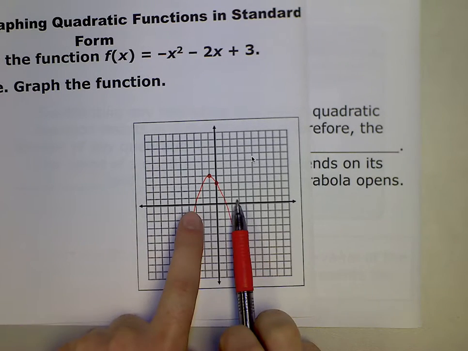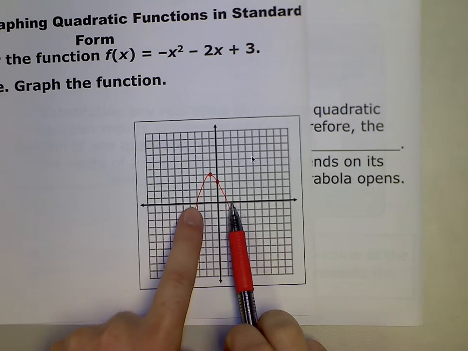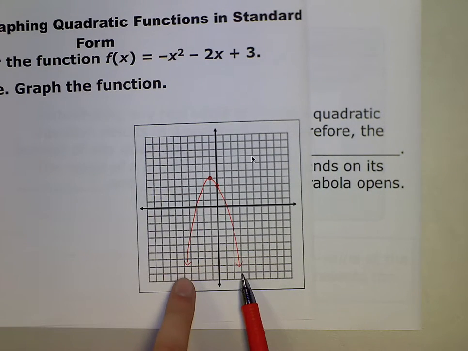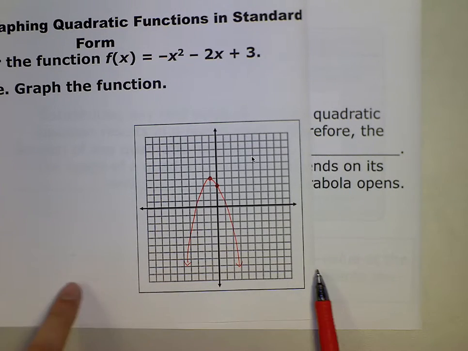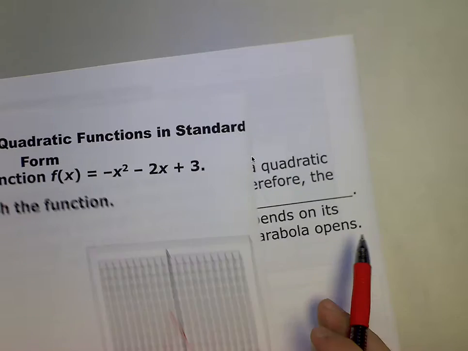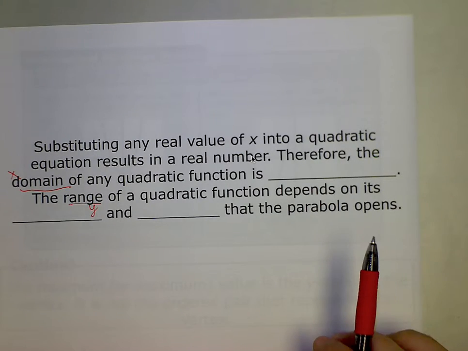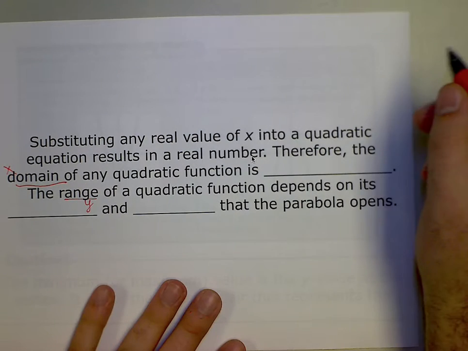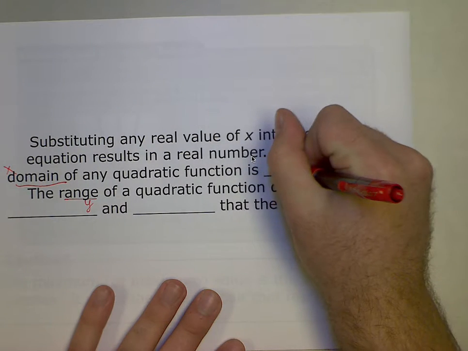Hopefully you're thinking that I might, but it's going to take a while because these are going down super fast. As these go down faster, I'm still going to be moving out, so eventually I will get to all of these x values in both directions. It's just going to take a while. But I will eventually get to them all, so we're going to say that our domain, those x values, are all real numbers.